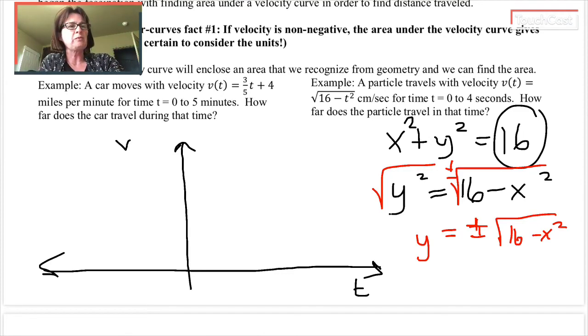Because if you don't have this plus or minus sign, you're not going to have any of the negative y-coordinates. Just notice here, if you end up with a perfect square minus your variable squared inside a radical sign, this is probably the equation of a circle that you tried to isolate the y in, and so in this case you ended up with a semicircle. So my velocity curve here is going to be a semicircle whose radius is 4.